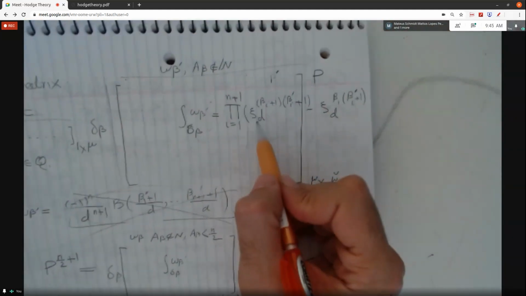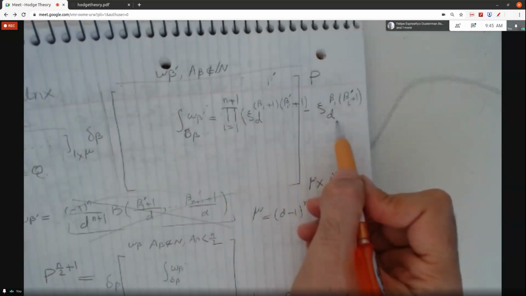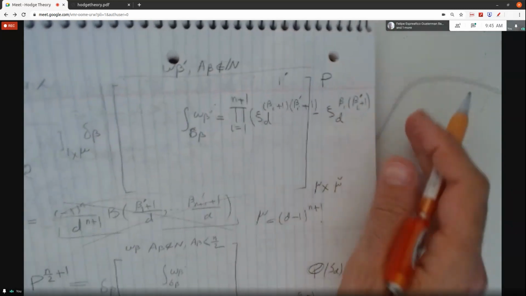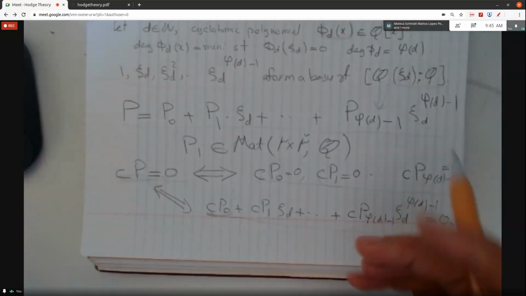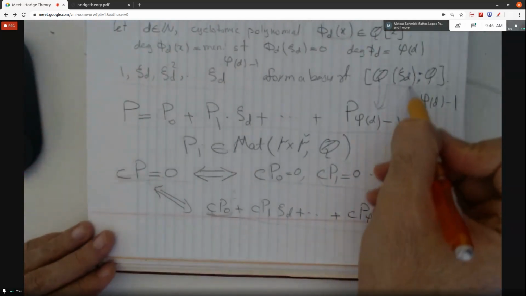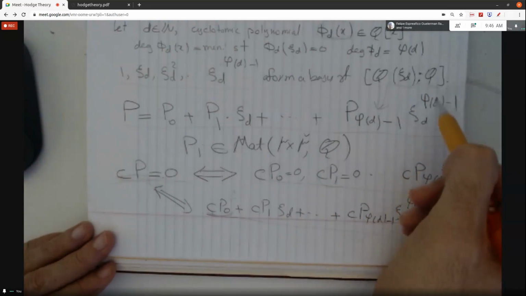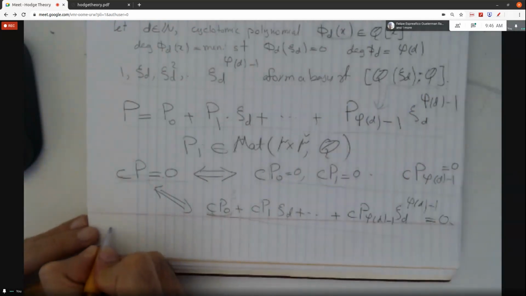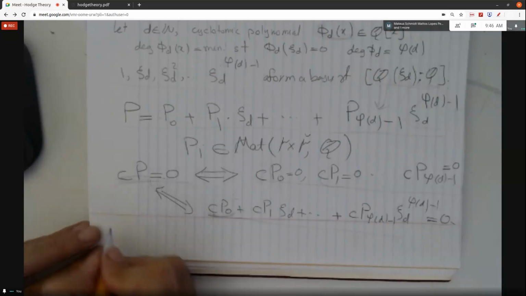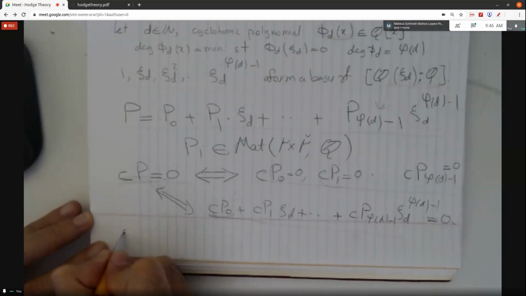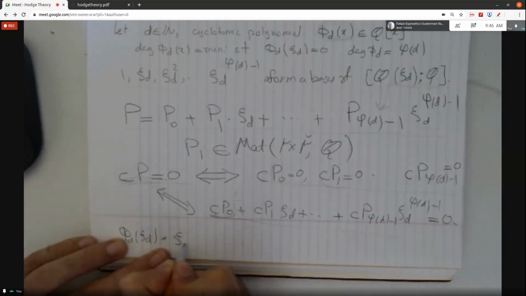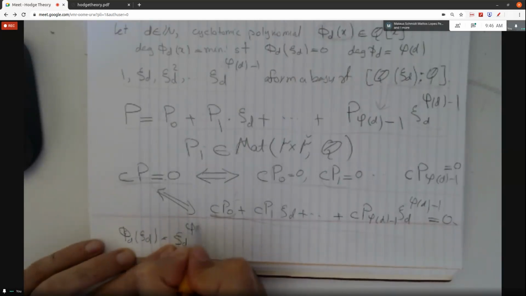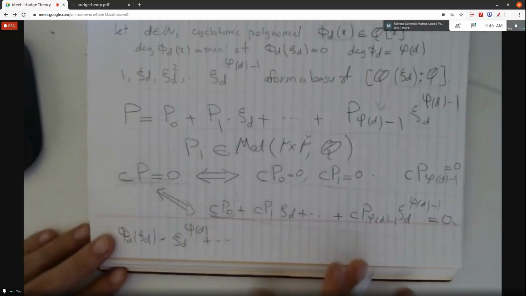You see that it is a mixture of zeta_d's, but at the end I have to write everything with the power of zeta_d strictly less than phi_d. Let's say phi_d of zeta_d is zeta_d to the phi_d plus and so on.